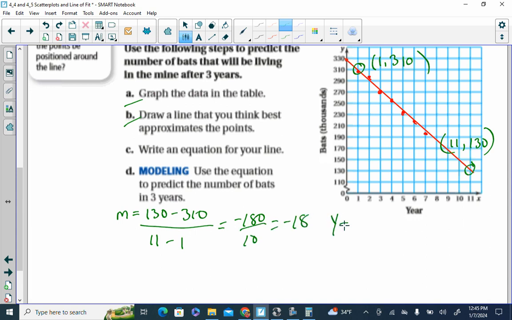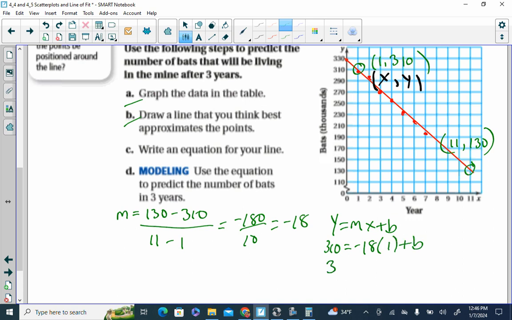Then we use y equals mx plus b. I'll use this first point here, so I'm going to replace x with 1 and y with 310. Right, so that's going to give us 310 equal to our slope, negative 18, times x, which is 1, plus b.